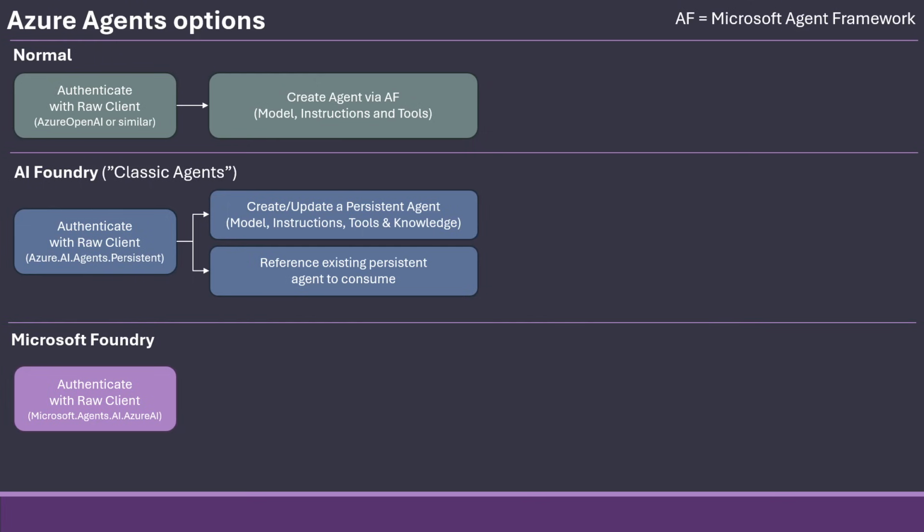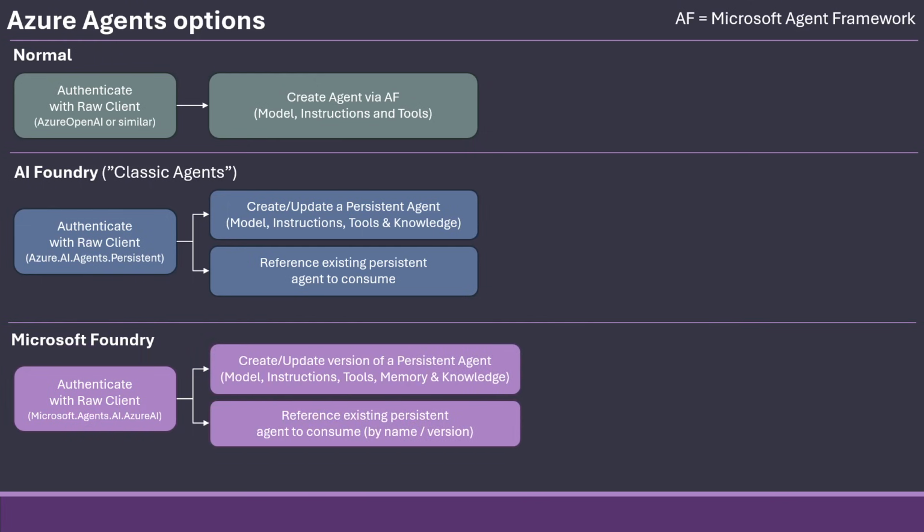This is also the same for Microsoft Foundry, but it can do a little more, because up here we have model, instructions, tools. Down here we have knowledge up front, which is vector stores that it can automatically search into and stuff like that. That's more a manual process up here. In the new Foundry, you also have a new memory component where you can let it remember certain things about the user if you give it the user scope, like what is their name, location, and such things.